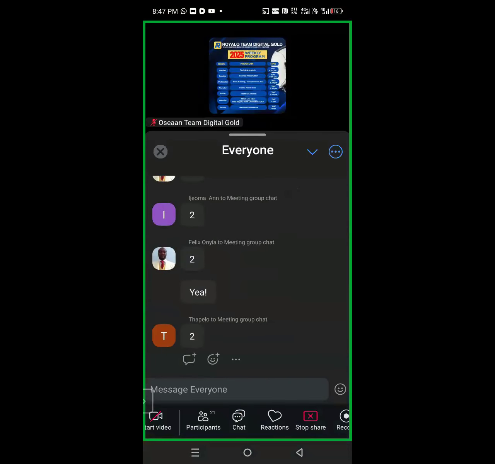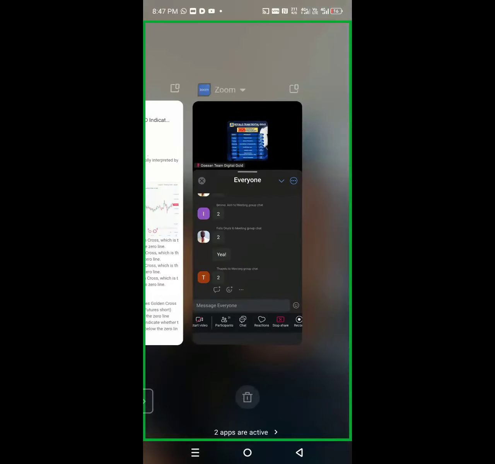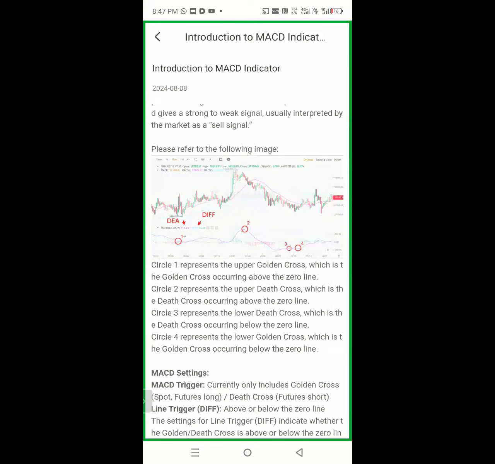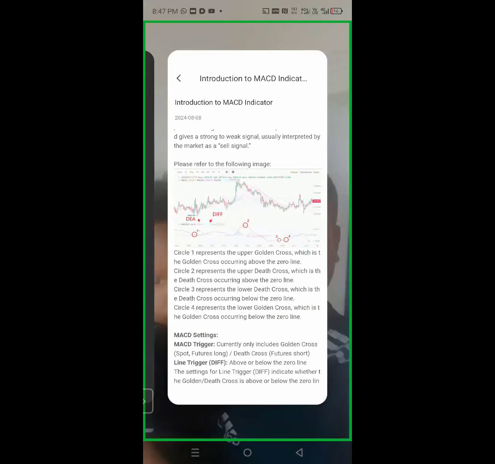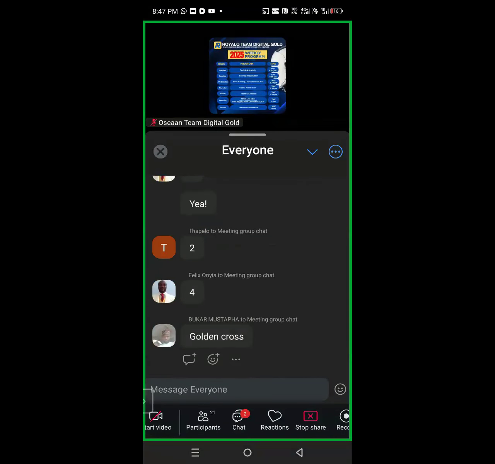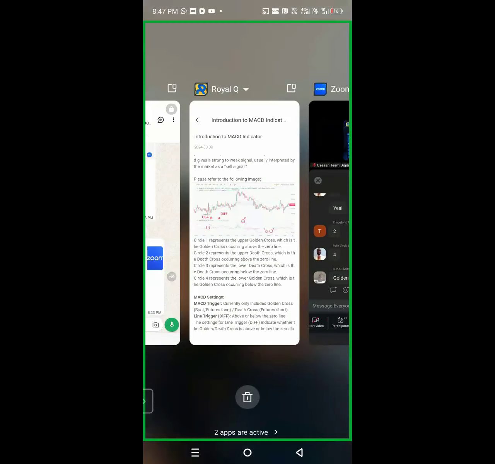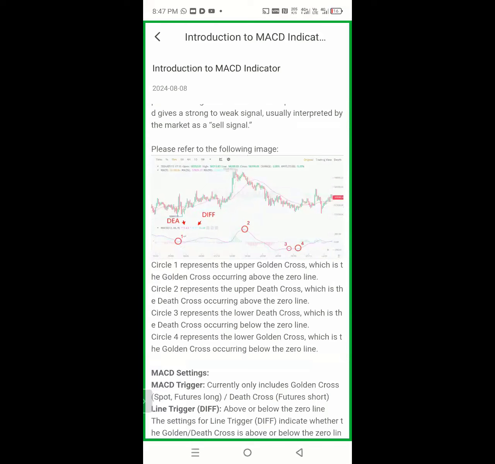Golden cross happened 2 times in this chart: in cycle 1 and in cycle 4. Both 1 and 4 are for long, but which one should happen that you'll be confident to long?